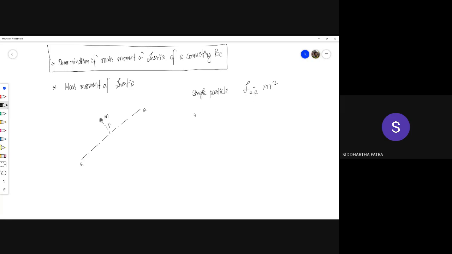Now if there is more than one particle, so there is a system of particles, different particles, particle 1, particle 2, particle 3, etc. These are all normal distances. You'll have to imagine in 3D.